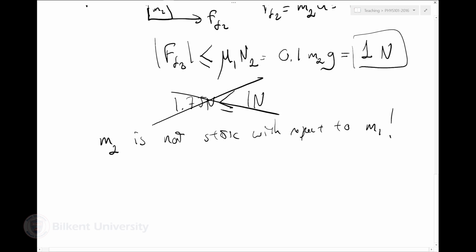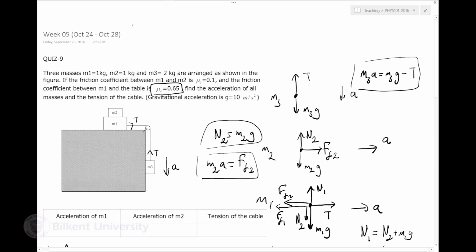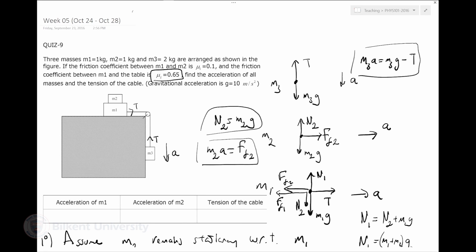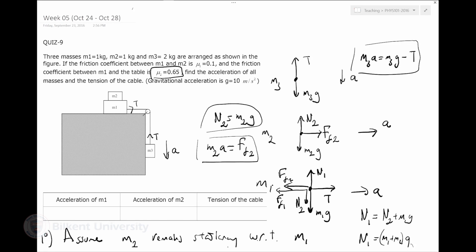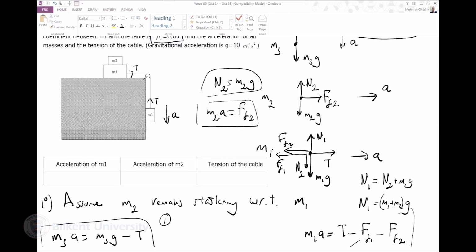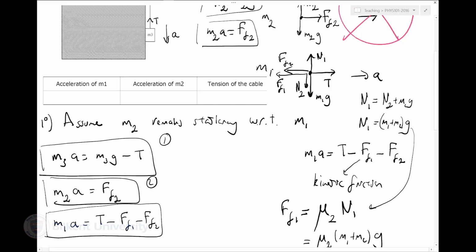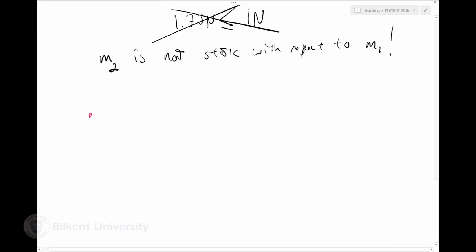Would that change anything in my solution? Well, the free body diagrams are exactly the same, right? But the only thing I need to change is the acceleration of M2. Let's write this in red: that assumption turns out to be wrong. So for M2, I have M2G, I have N2.